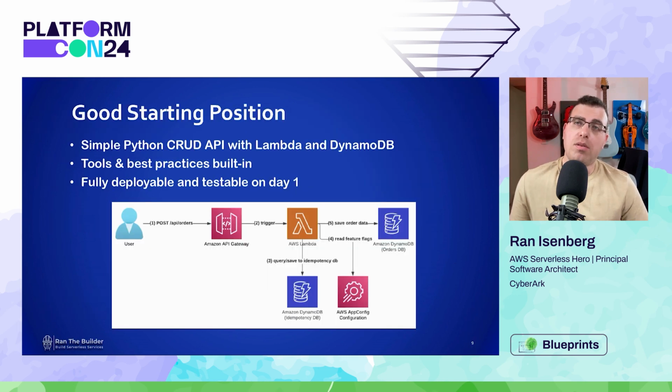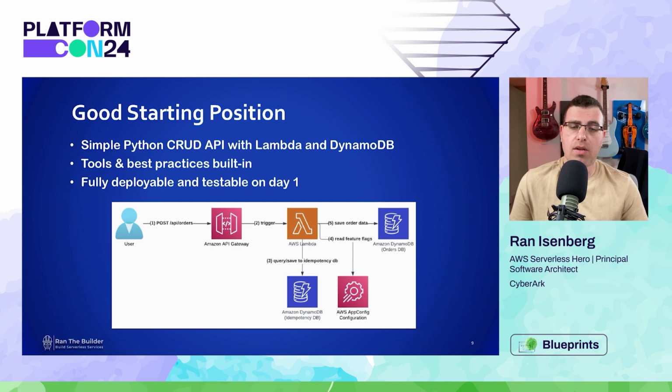So what does this template provide you? It provides a good starting point, the way I see it. You have a basic API gateway and order service, that's what I call it: API gateway, Lambda function, and DynamoDB table, which I think is the best database to start with. You can always switch it, but it's a great starting point because it's very simple to work with and set up.